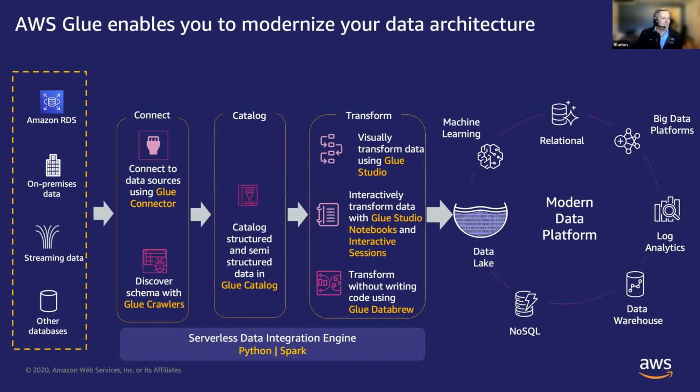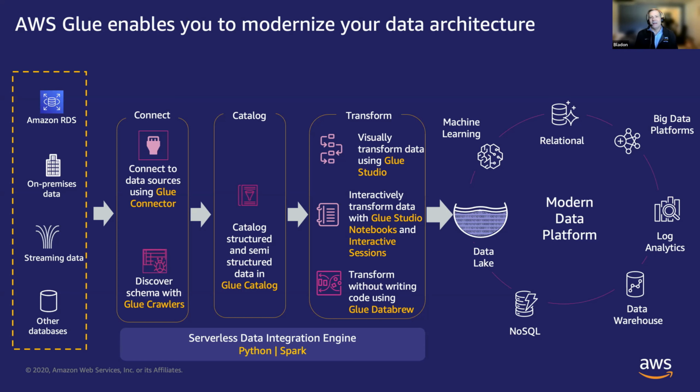So here's an example of a modern data architecture using Glue with the different architectural components of Glue. These are typically things that you'd use in your data integration journey. On the left, you've got disparate data sources, streaming data, RDS shown here, other kinds of databases.